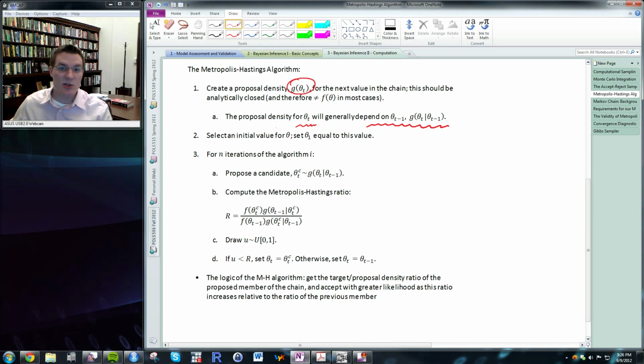So the chain has to start with a value, so I just set the first value in the chain equal to some initial value. That could be a prior mode or a prior average.